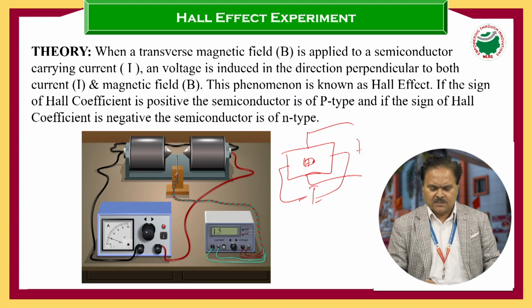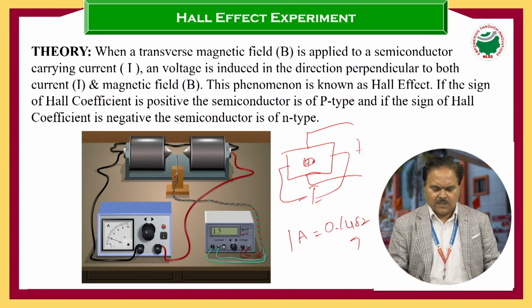You can see here there are 4 contacts. One pair is along the length direction, and the other two are in the width direction. We already measured the magnetic field using the Hall probe. Here, at 1 amp we are getting 0.1482 Tesla. We measured one table of current versus magnetic field.